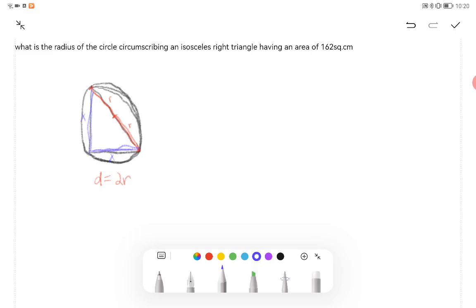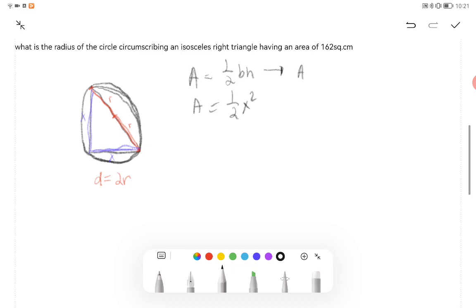Okay? So, before anything else, let me show you the formula of an area of a triangle. The area of the triangle is basically equal to 1/2 base times height. And since we are denoting base and height as x, therefore we have A is equal to 1/2 x squared, because x multiplied by x is equal to x squared.